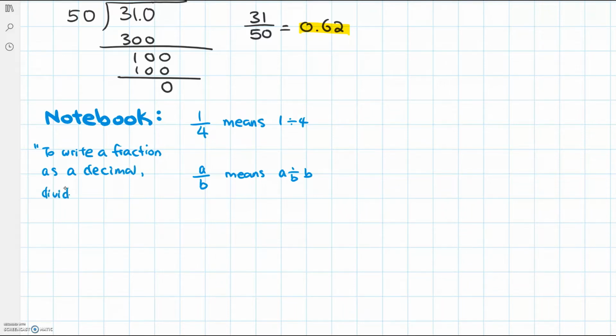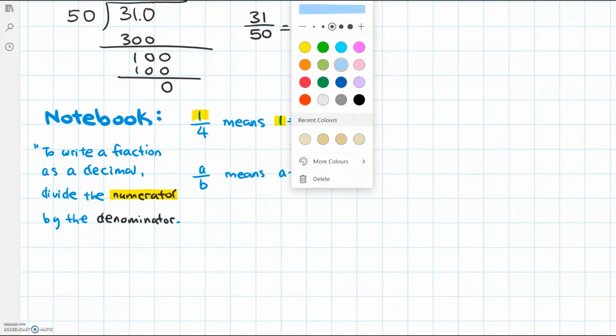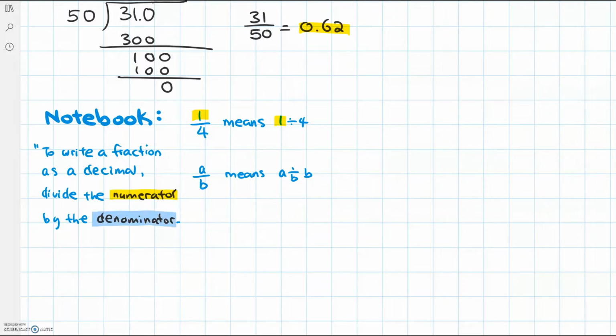Divide the numerator by the denominator. So we have our numerator here, numerator, divided by, let's choose blue for denominator.